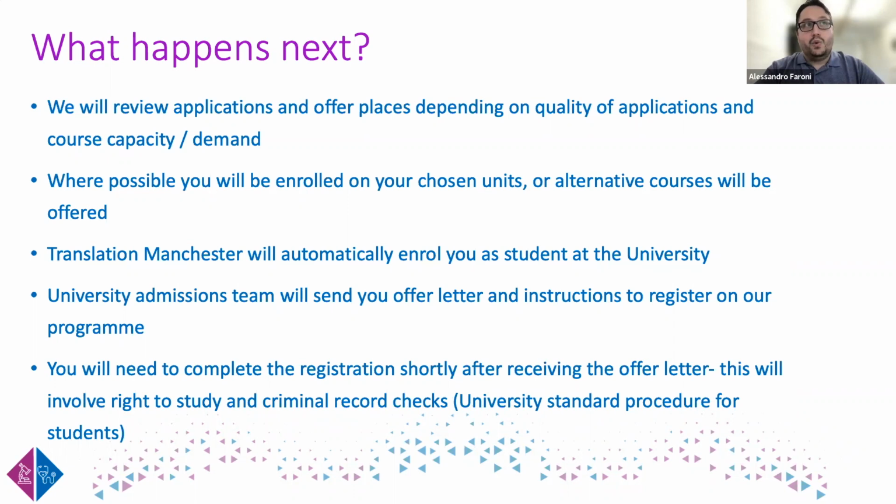At that stage, you will have to do a 10-step registration procedure, which will include accepting the offer, and there will be right to study and criminal record checks. Fortunately, that's university policy for all students joining the university, even if they're already staff or students at the university.